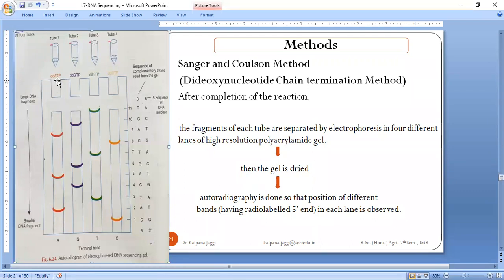And this is very much familiar to us: if the color given is red, then we have A at that particular position. If the color given is blue, then we are going to have G at that particular position, right? So these bands are separated from each other on the basis of their size, and now their sequencing can be done, because we know the yellow one is going to be C, so here we have written C.